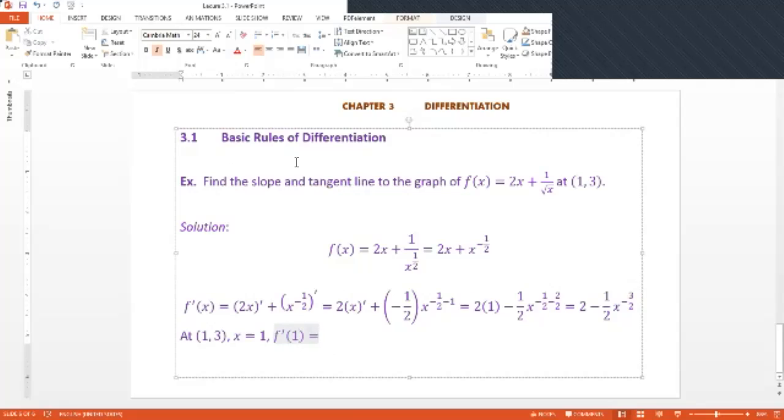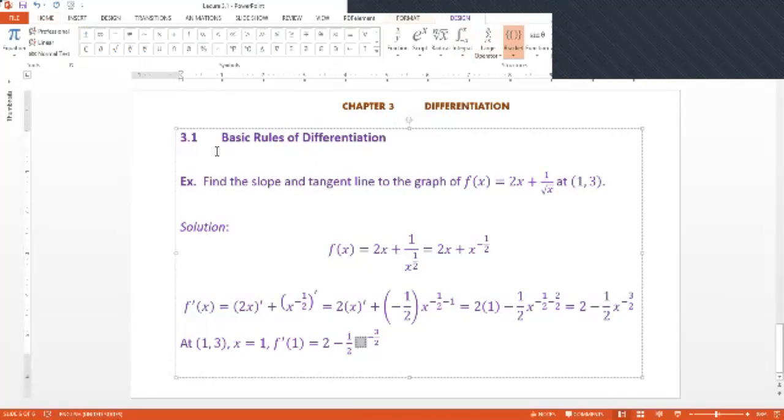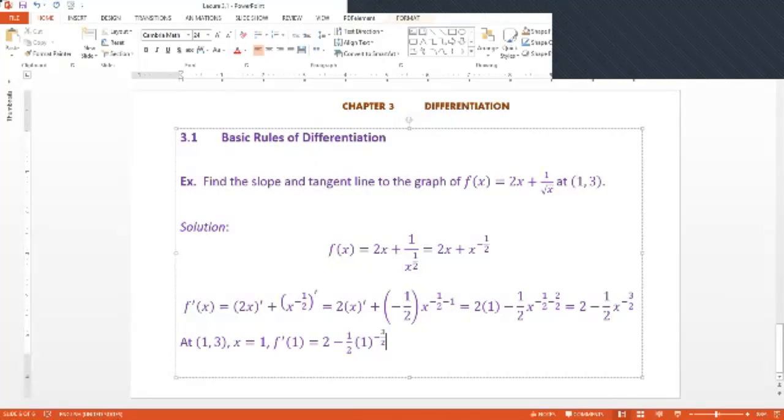So that equals 2 minus half times 1 to the negative 3/2. One thing you should know is 1 to any power is just 1. So we got 2 minus 1/2 times 1.